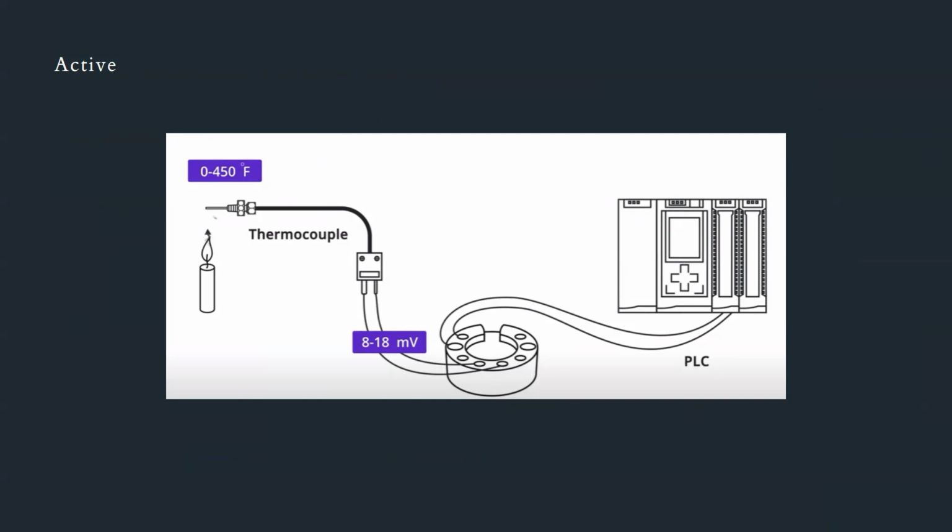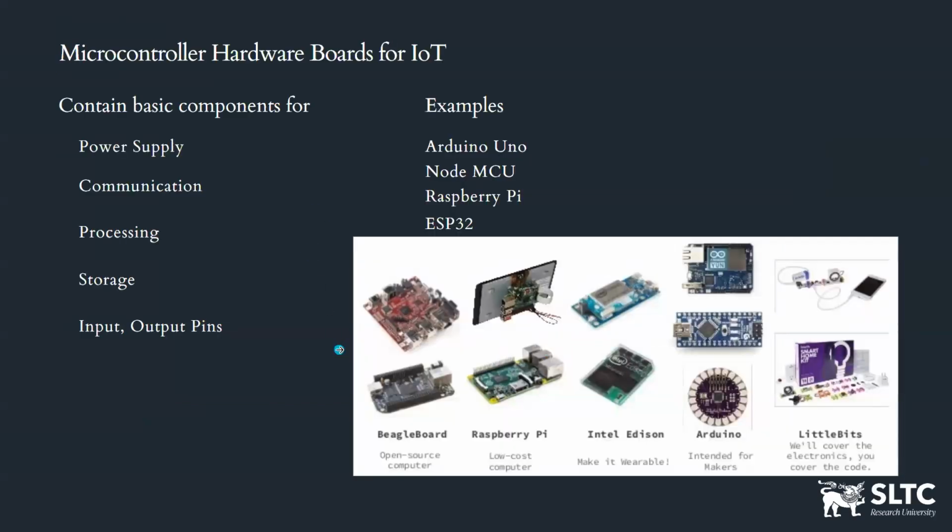We can get an output from the sensor once we give a certain input. One such example is the thermocouple. It takes temperature as input and gives an output voltage, and based on the output voltage, the system functions. So the thermocouple is an active sensor. That is basically regarding sensors.